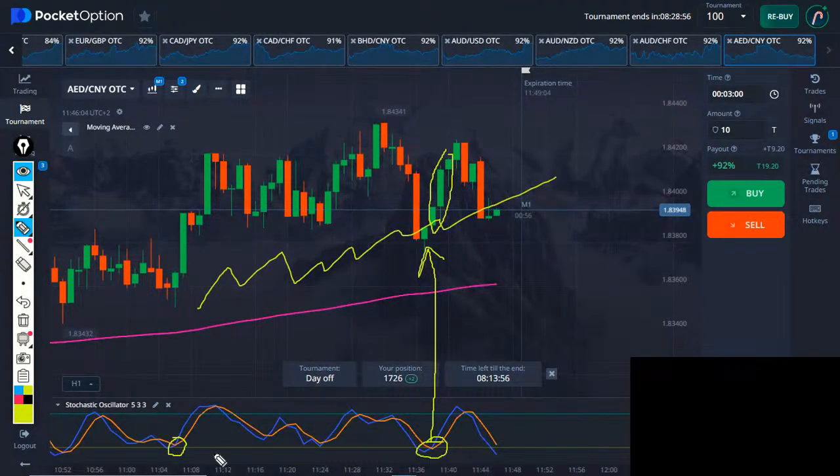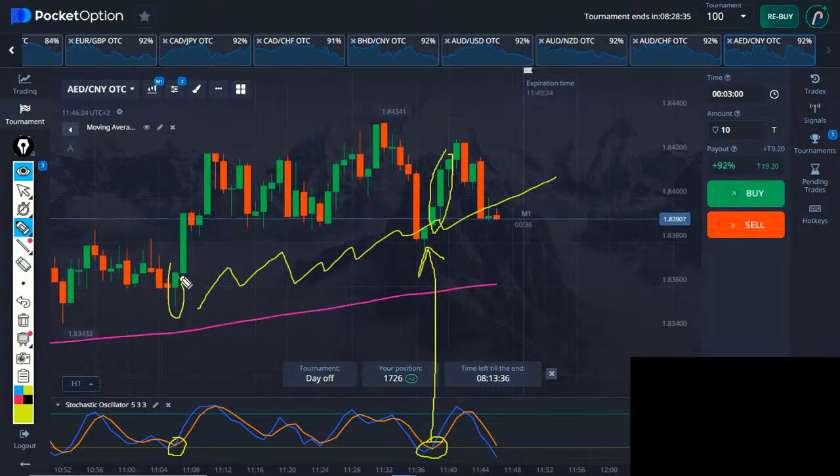This happened also. Now here we don't see a clear oversold condition. However, you can take those as long as one of the lines, especially the blue line, touched the 20 level. You can also combine candlestick patterns to confirm your entry.